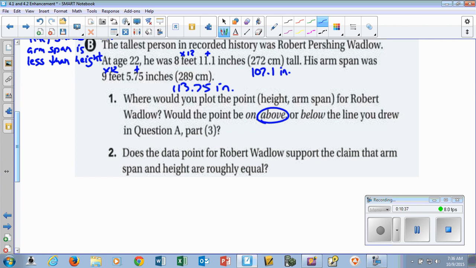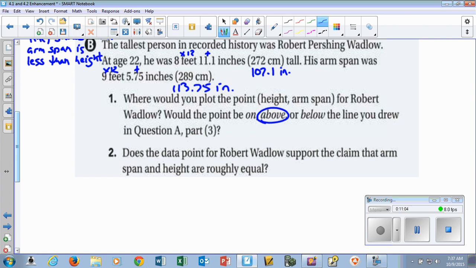Now, in terms of that point, it says, does the data for Robert Wadlow support the claim that arm span and height are roughly equal? It's hard to dispute that because it's not really on the line; it's above the line. But his dimensions are so much bigger than ours. If you look at the points in the actual data chart itself, they're within a couple of each other.